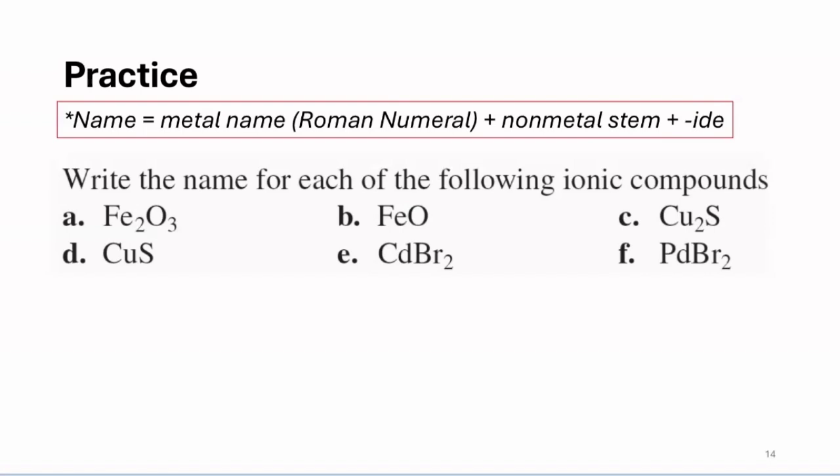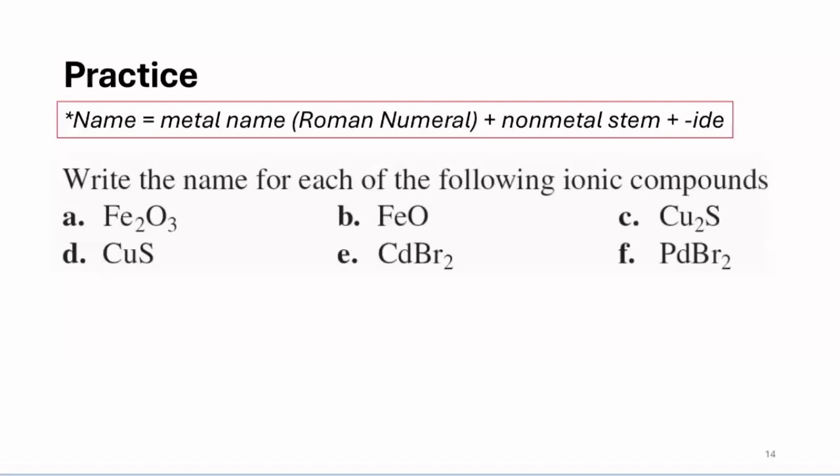We only have to do that for chemical formulas where our metal has variable charge. To remind you, the metals that have variable charge are transition metals except zinc, cadmium, and silver. And then the other elements that have variable charge include tin, antimony, lead, and bismuth. Make sure that you review that.